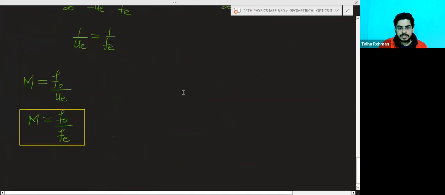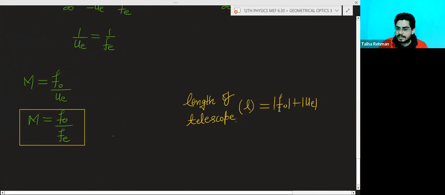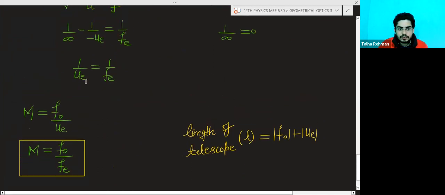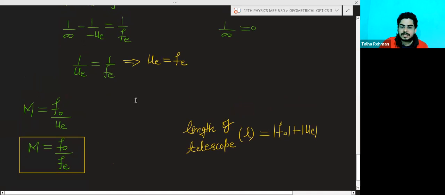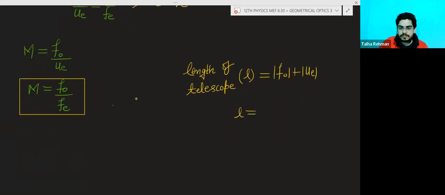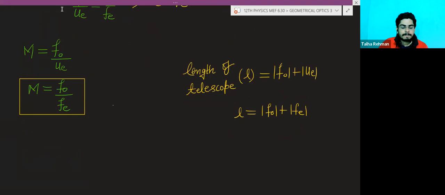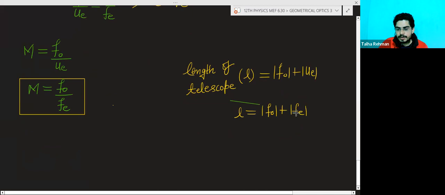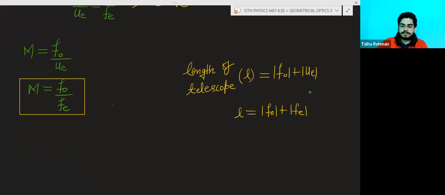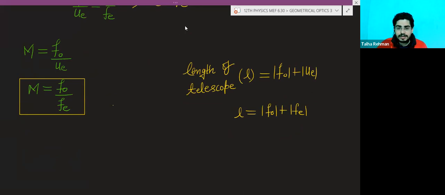Now in this case, from here you can find UE, you will have Fe. So the length of telescope in this case will be mod of FO plus Fe. I'm writing in terms of mod because length can never be negative. Focal length can be negative, but length can never be negative.